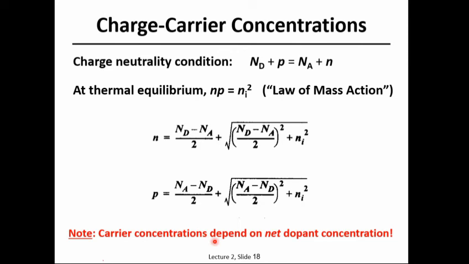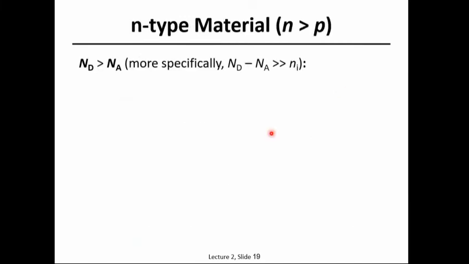So we said carrier concentration depends on net dopant concentration. Now, we have also seen devices with an N-type material and a P-type material. What do we mean by N-type material and what do we mean by P-type material?